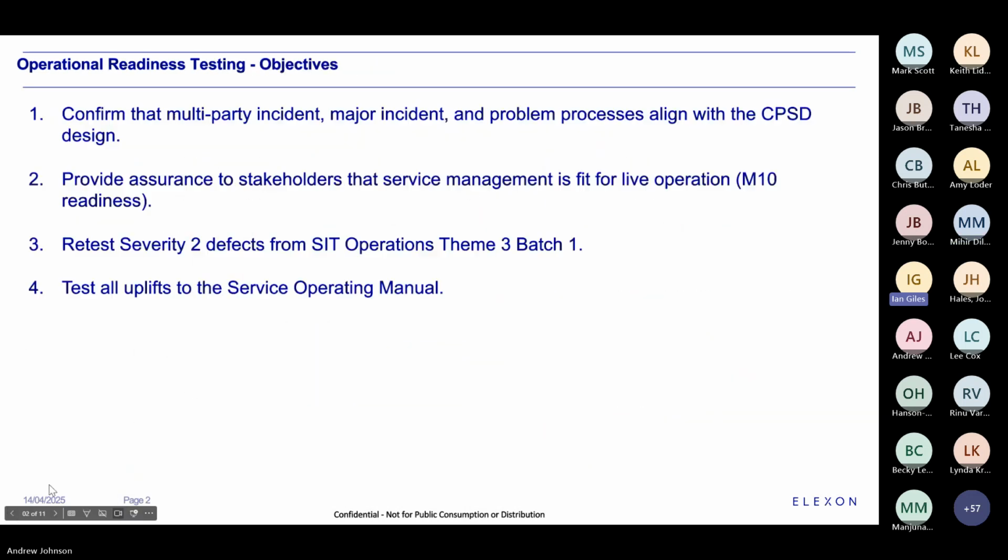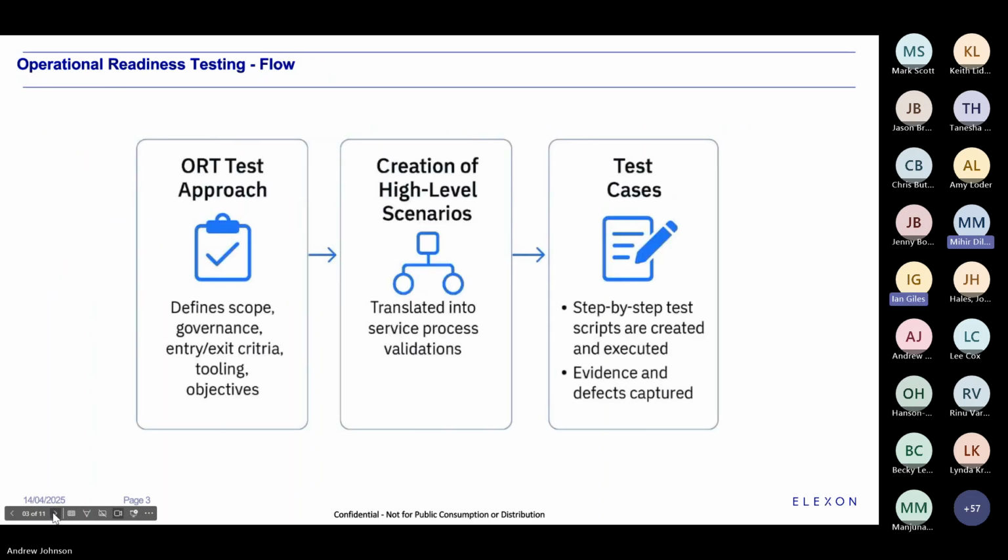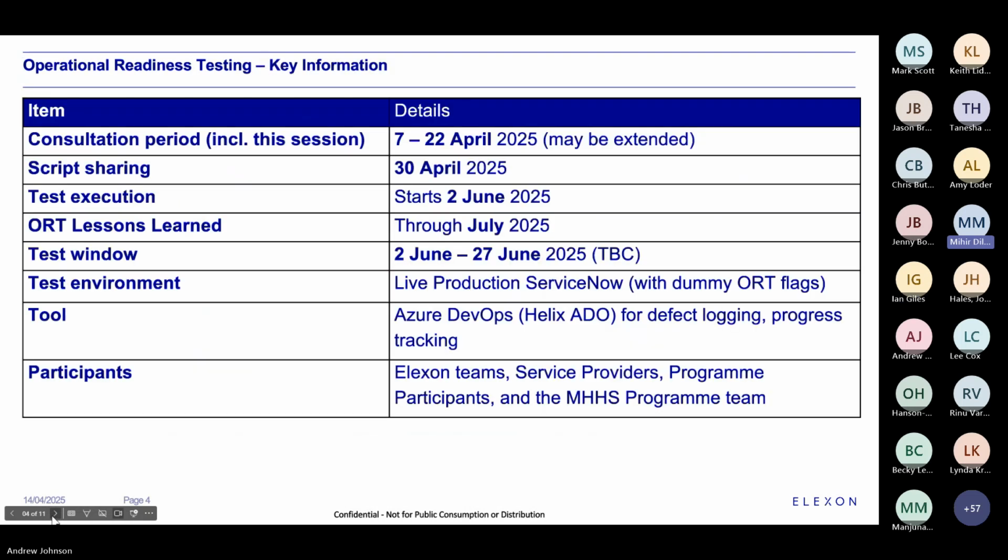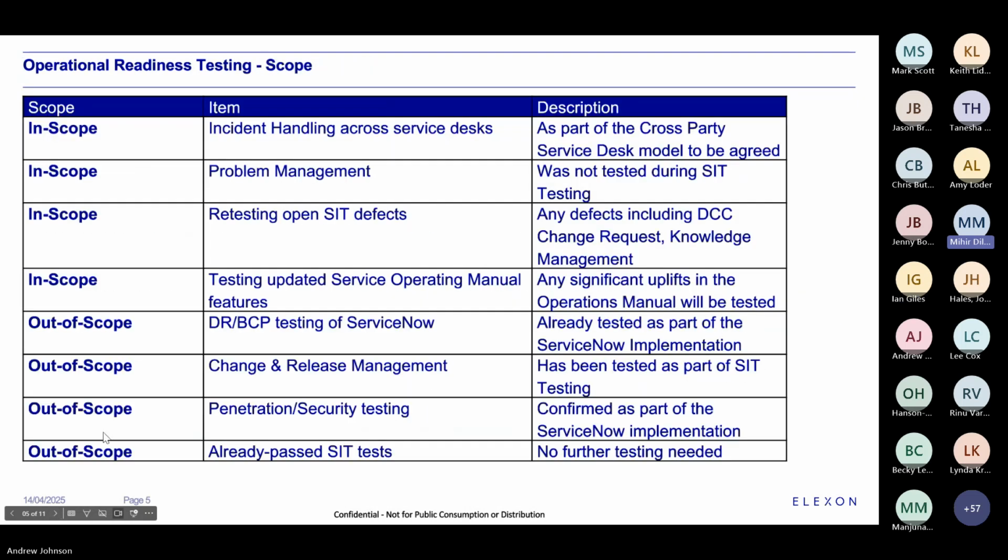Definitely, that is part of our ORT. Okay, fine, thank you. We have a few defects in service management, so that is the only thing I would like to check. So that will be part of this testing, correct? That's correct, yes. Okay, thank you.